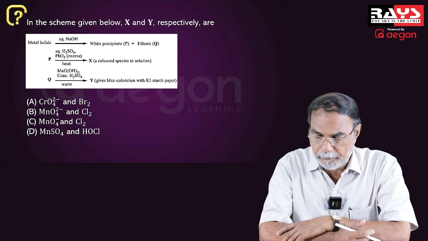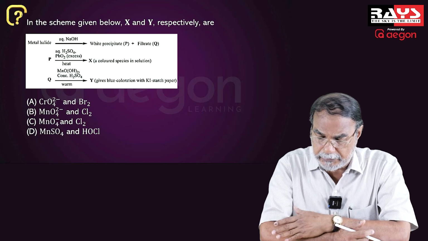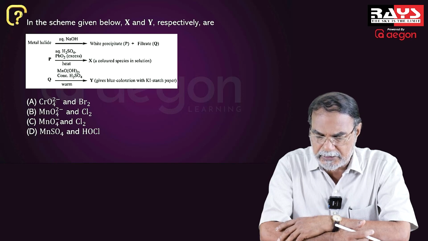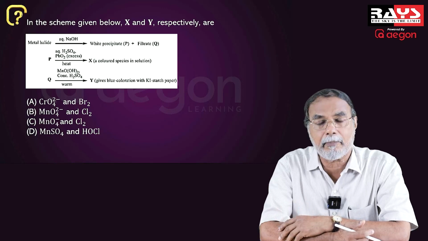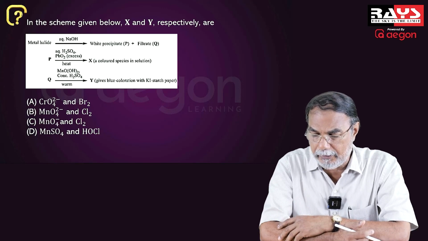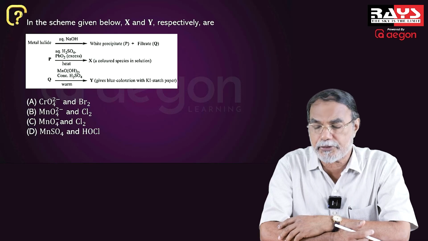And the Q in the filtrate, that's the second equation, on reaction with Mn(OH)2, which is same as MnO2·H2O, concentrated sulfuric acid, and warming gives a substance Y, and this Y gives a blue coloration with potassium iodide starch paper.